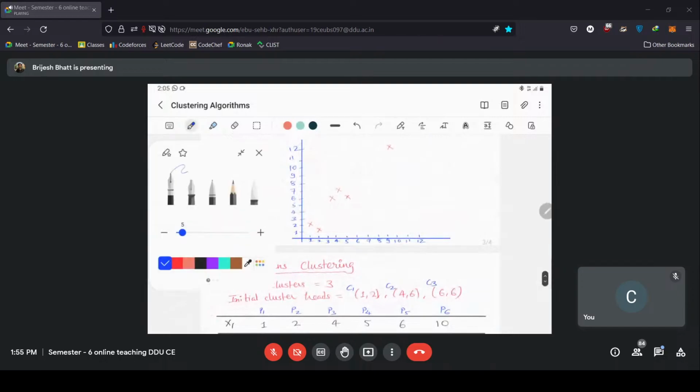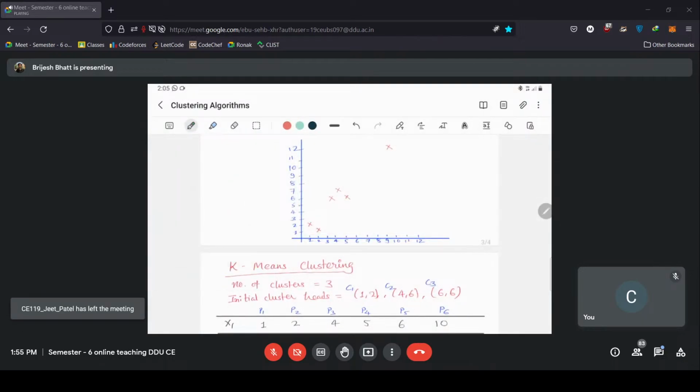So the initial cluster heads were (1, 2), (4, 6), and (6, 6).